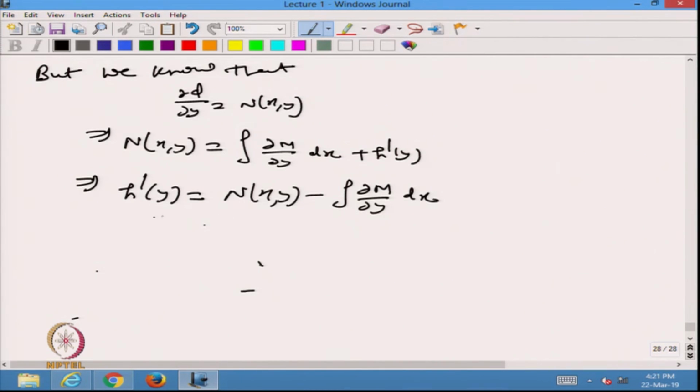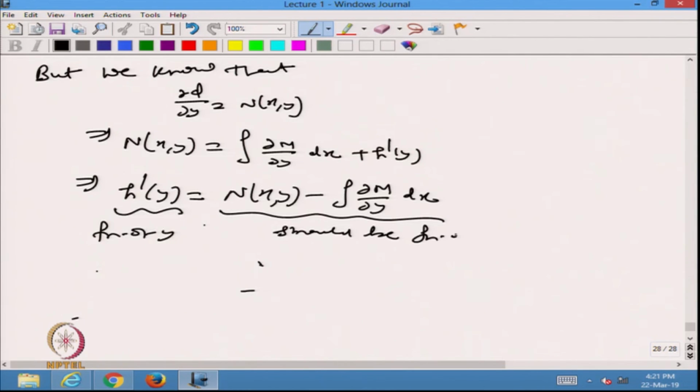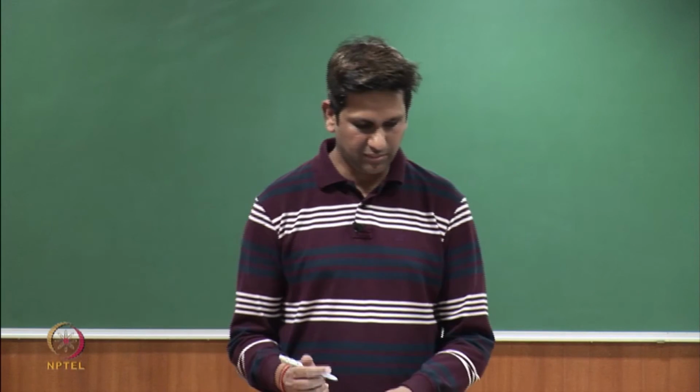So, this is a function. Now, what is this? It is a function of y, sorry, and on the right hand side it should also be a function of y, because if we have a function of y on the left hand side, we also have a function of y on the right hand side.